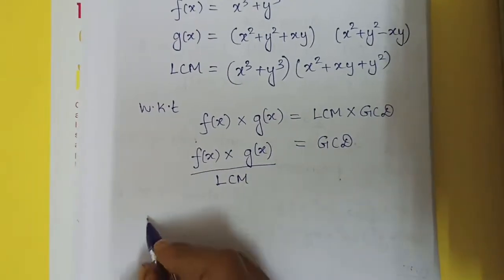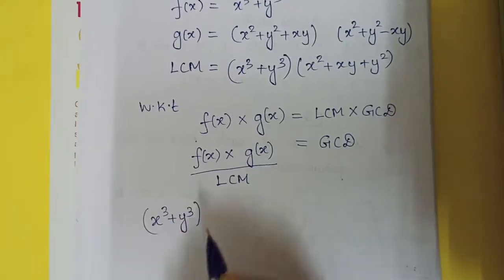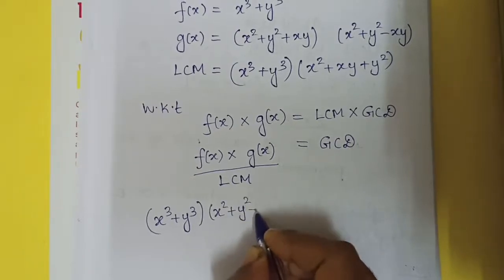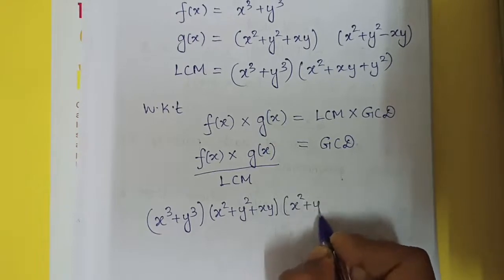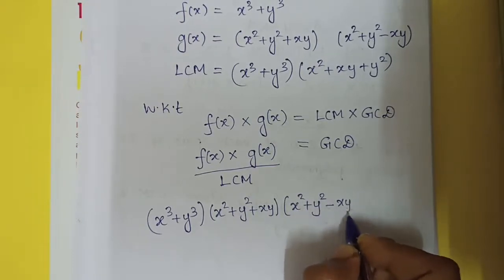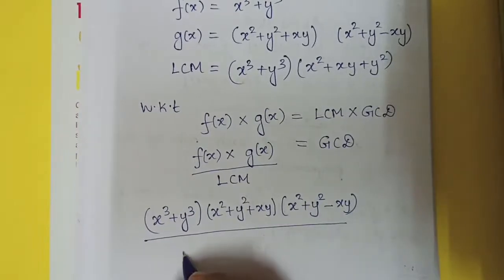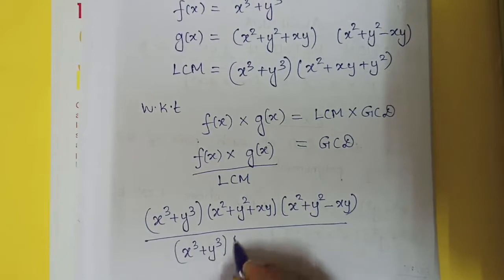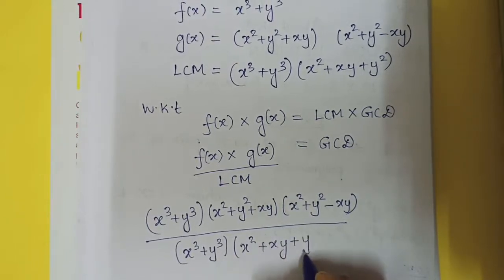So f of x equals x cube plus y cube, g of x is x square plus y square plus xy into x square plus y square minus xy, whole divided by, what is LCM given? X cube plus y cube into x square plus xy plus y square.